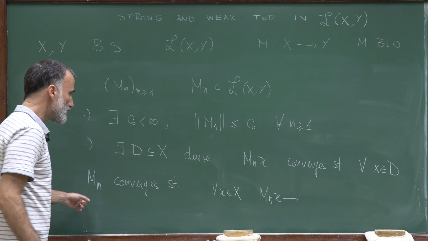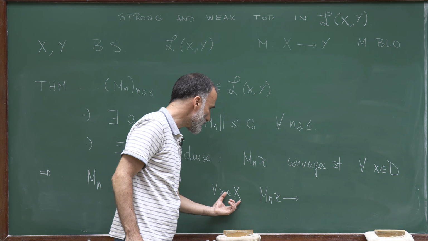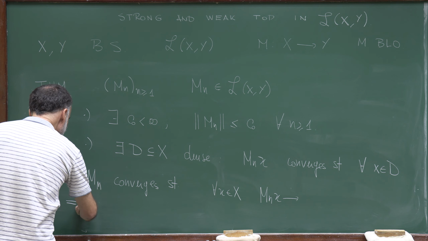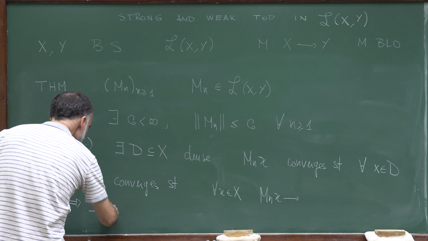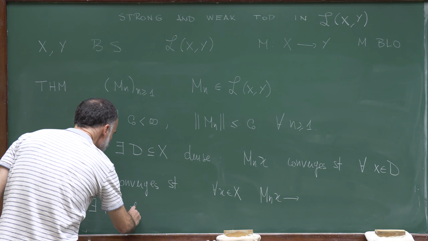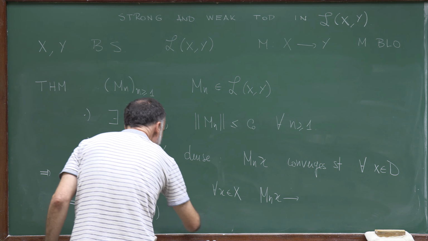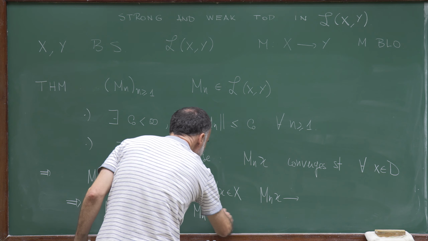And we have seen that if for all x in X, Mn x converges strongly, this implies that there exists M in L(X,Y) such that Mn converges strongly to M.